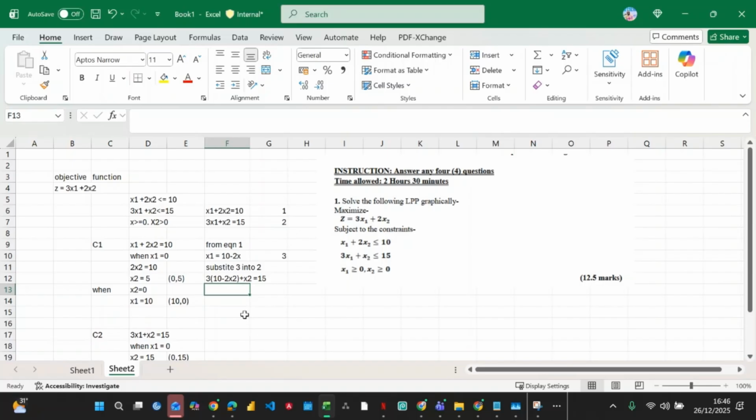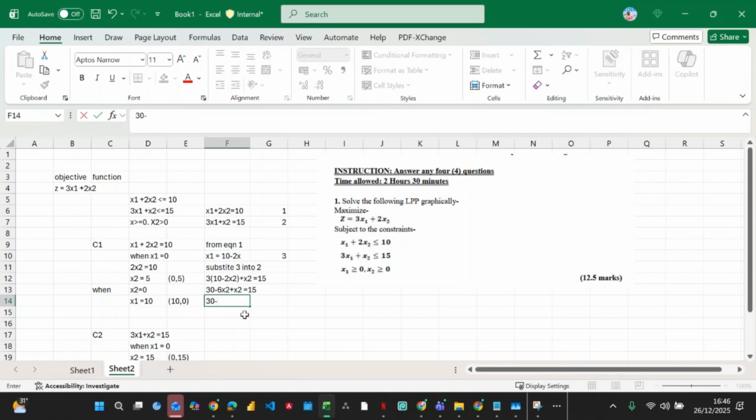That makes sense, right? So now how we do it is 3 times 10 should give us 30, right? Then minus 3 times 2 should give us 6x2. Minus 6x2 plus x2 equals to 15. Right? Does that make sense?